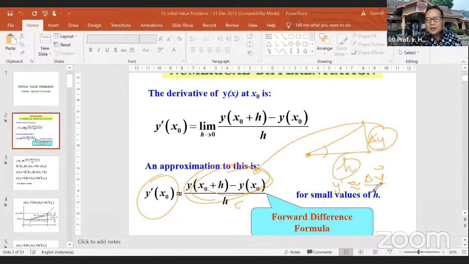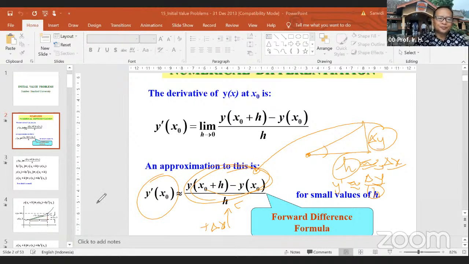Delta y over h, because h is identical to delta x, the horizontal difference.